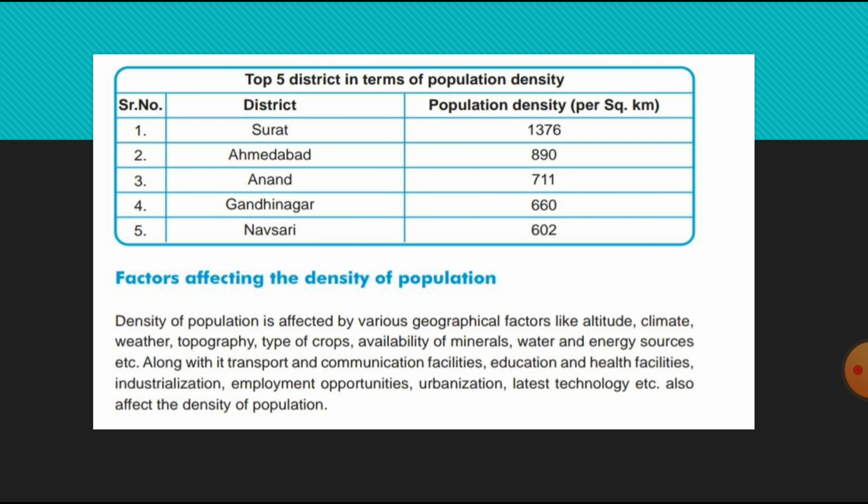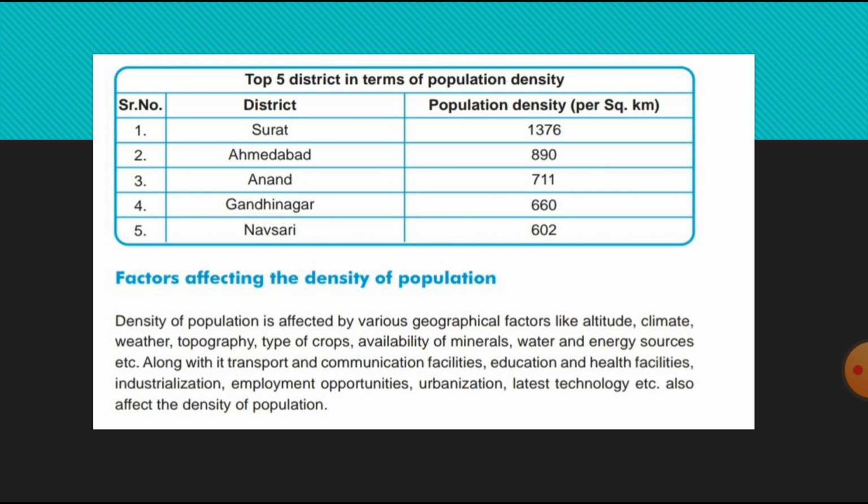And the top 5 districts in terms of population density, seen in Surat, population density per square kilometer, is 1376 in Surat, Ahmedabad 890, Anand 711, Gandhinagar 660, and Navsari 602. This is all about the reason for the difference that you see.